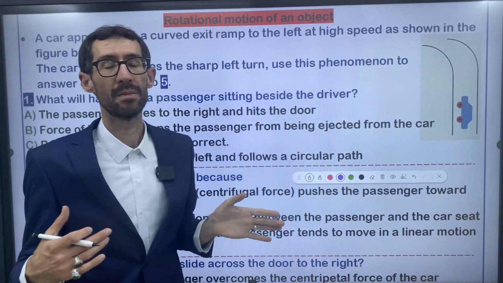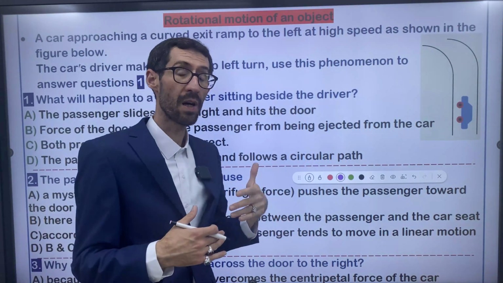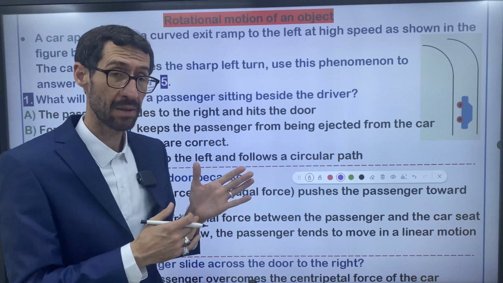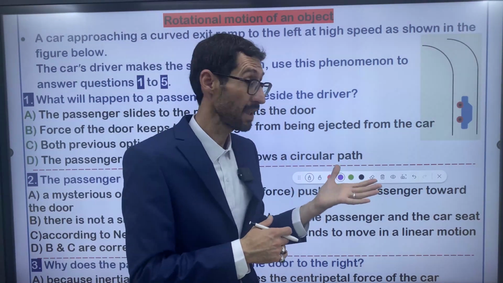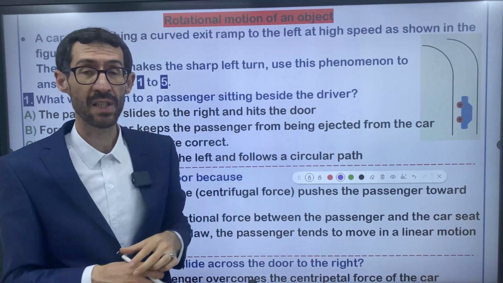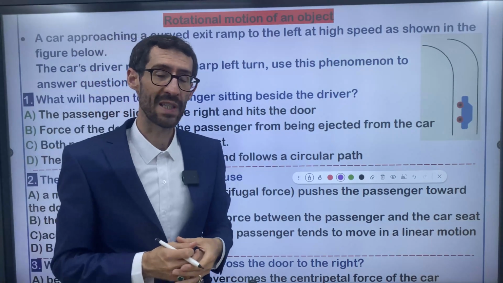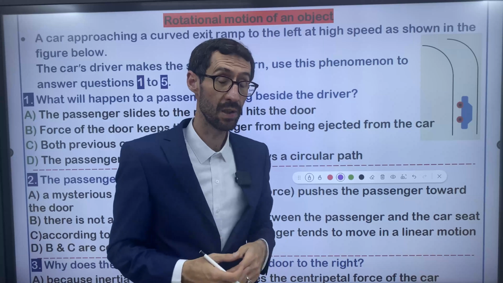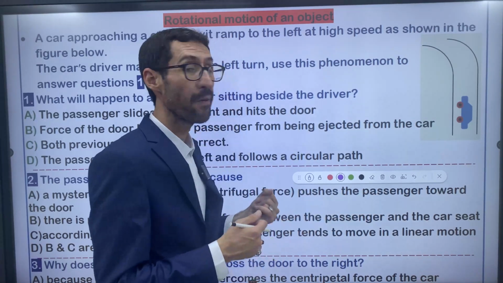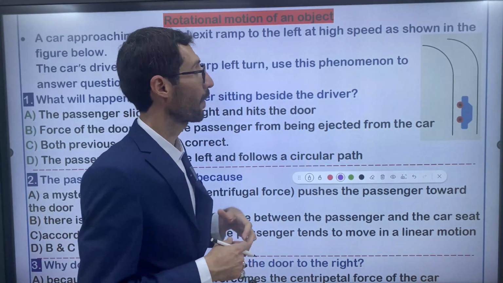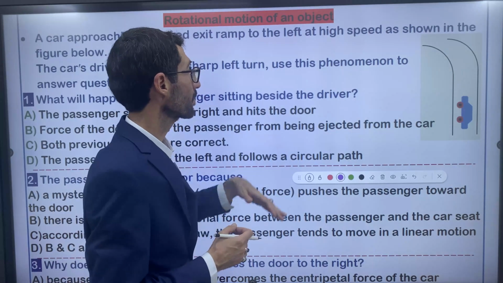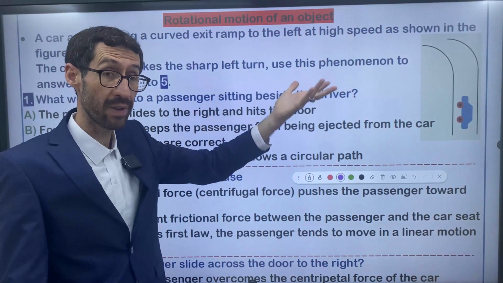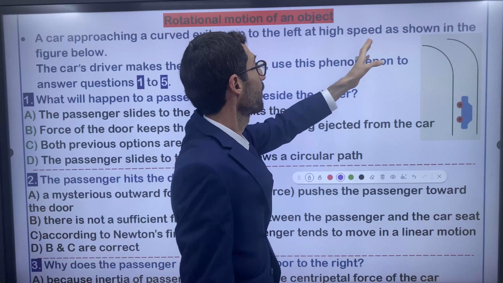And the driver drives the car at a high speed within a turn, and it's a very dangerous situation. I want you to slow down whenever you drive, especially when you encounter a turn. When you enter the turn, you have to slow down. You have to observe the situation for providing safety for you and for others, right?